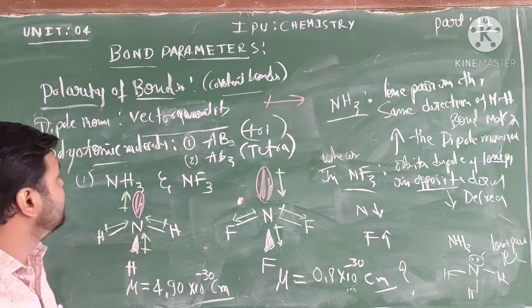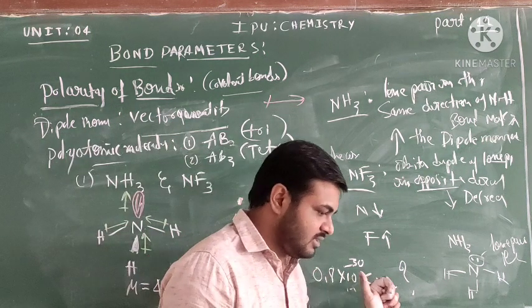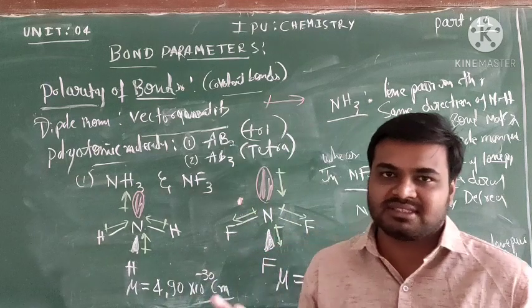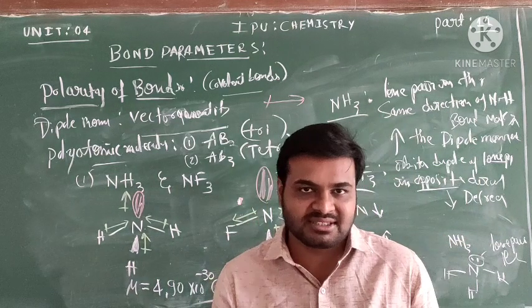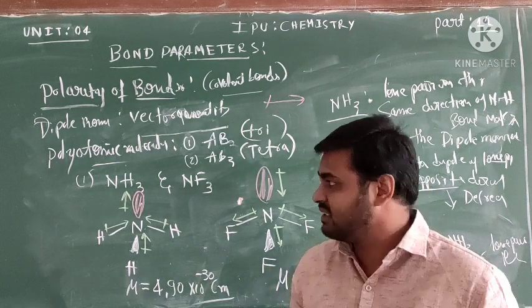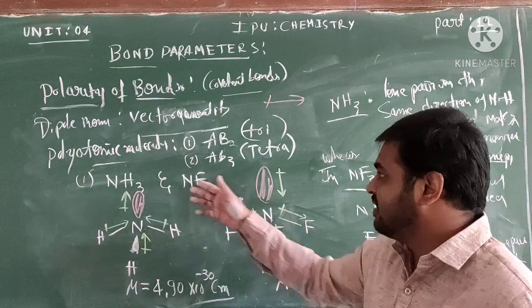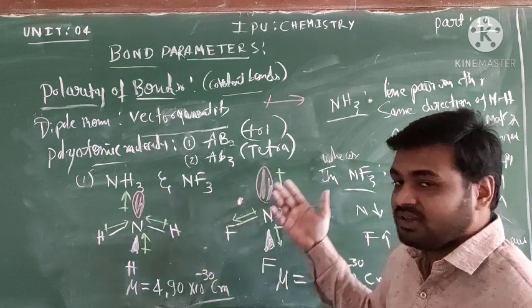Clear? This is the polarity of bonds, a very important thing in this concept of dipole moment. What is dipole moment, the dipole moment unit, and these types of examples will be asked. So write the dipole moment or explain the dipole moment of NH3 and water molecules.